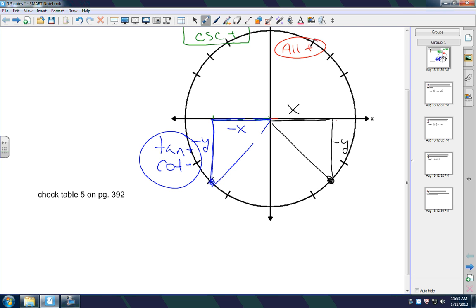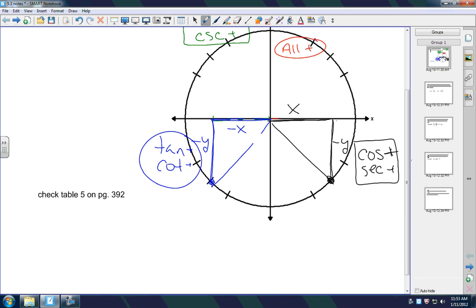So cosines are positive, secants are positive, and now anything that comes down here with a negative y value, sines, cosecants, automatically negative. Okay, so for this one, we're going to say cosines positive, secants positive. It's easier to think about the positives than the negatives.